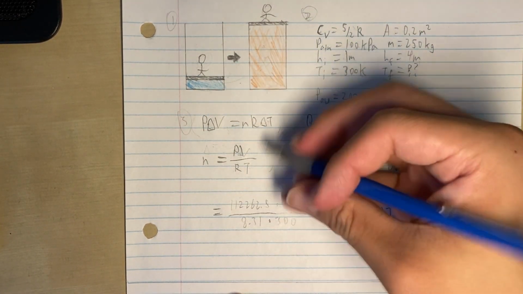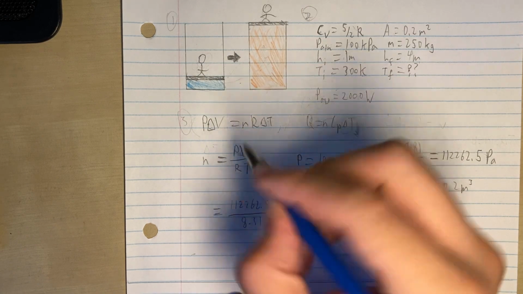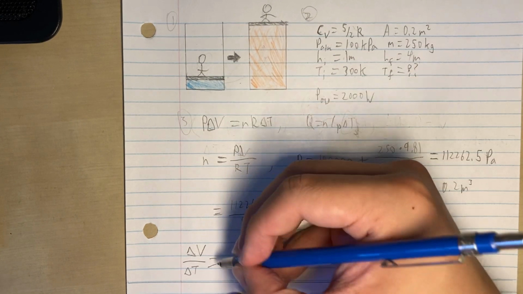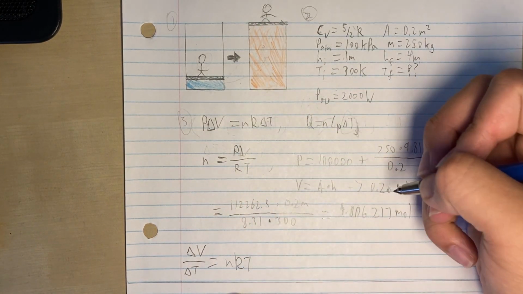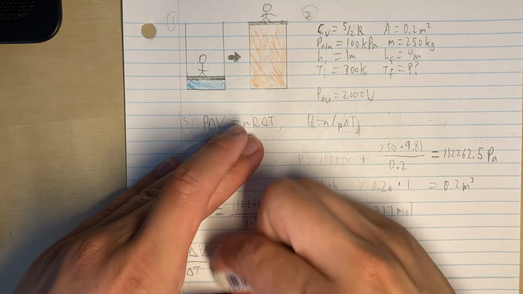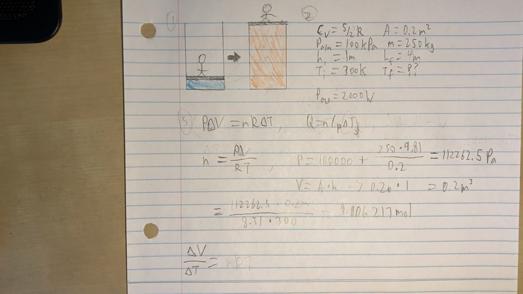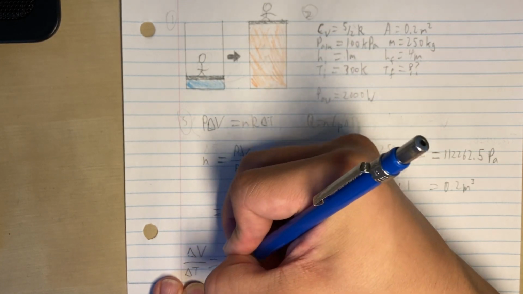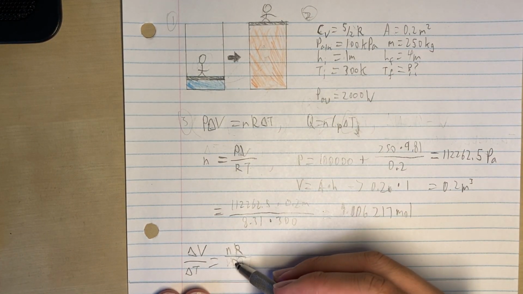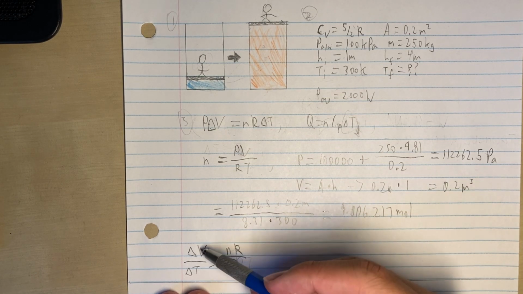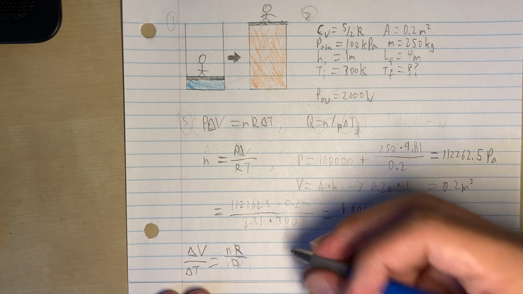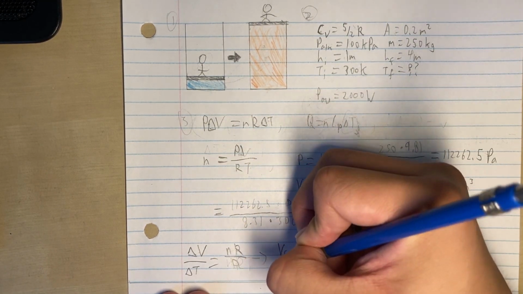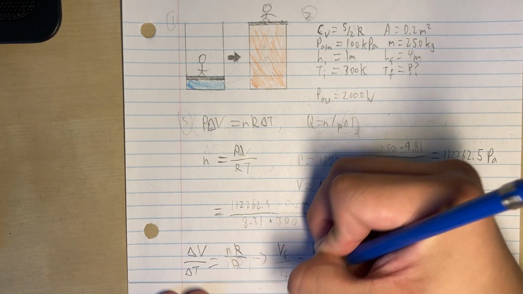Because this is isobaric, we can rearrange this to say delta V over delta T equals nR over P. We know that pressure is constant, and these two are also constant. Therefore, volume divided by temperature is constant. So volume final over temperature final is equal to volume initial over temperature initial.